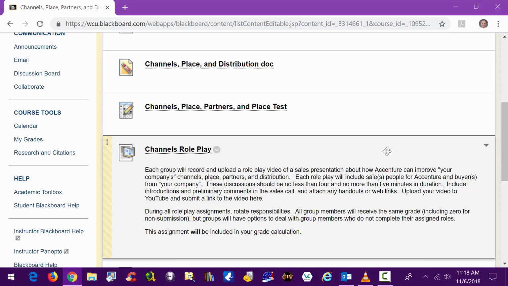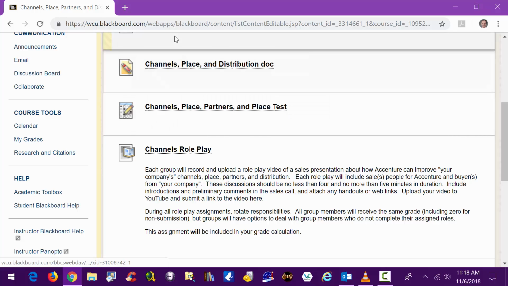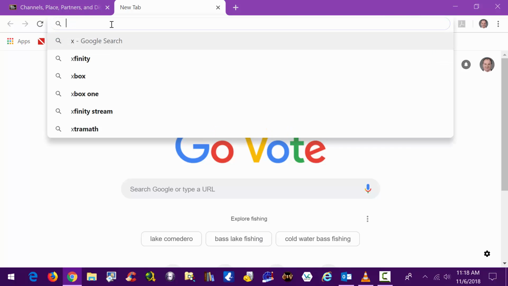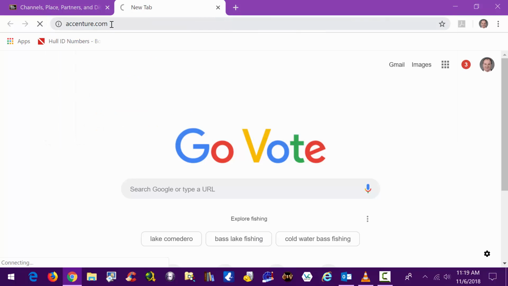Because while there are other things we can talk about in channels and place that do pertain to physical products, much of the content is associated with the physical product. So the first thing I'd do, if one of your companies does sell a physical product, is pick it as the buyer and select a seller to sell to them.